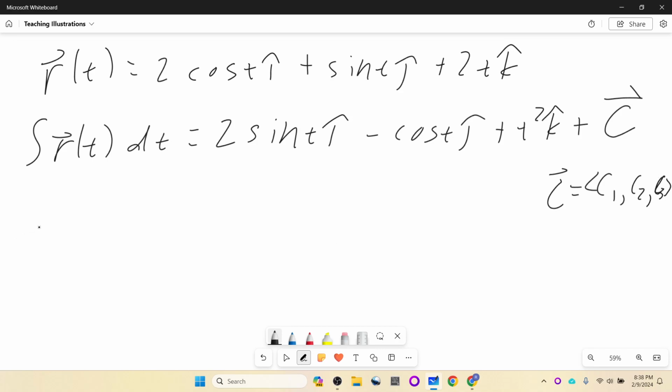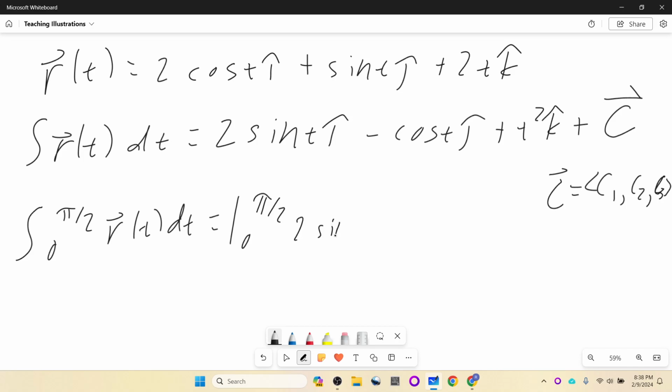But now we also said do the definite integral from 0 to pi halves of r of t dt. Well, that is the same as going from 0 to pi halves of 2 sine t i minus cosine t j plus t squared k.